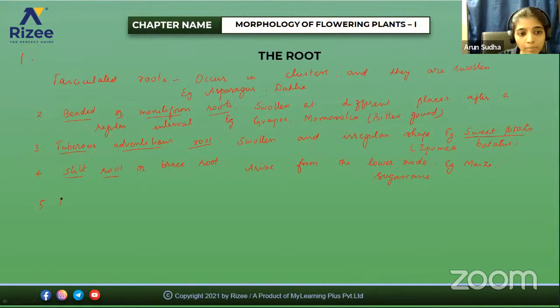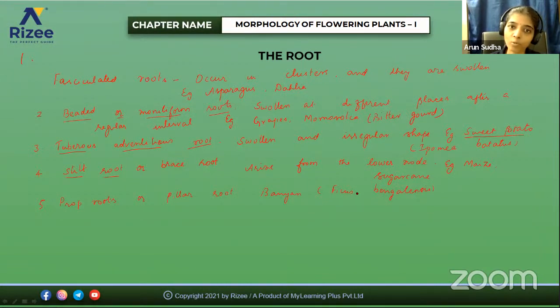Then next is the prop root. Prop roots are also called pillar roots. From the name itself, we can guess the example for the pillar root. It is the banyan tree, Ficus bengalensis. Here they arise from the branches of the tree.